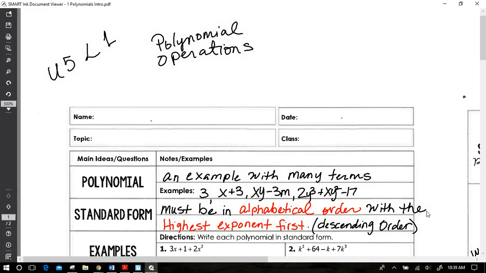So let's start with what is a polynomial. It is, and this should say expression, this is an expression with many terms. Okay, an expression with many terms. And so I tried to give us some examples here.